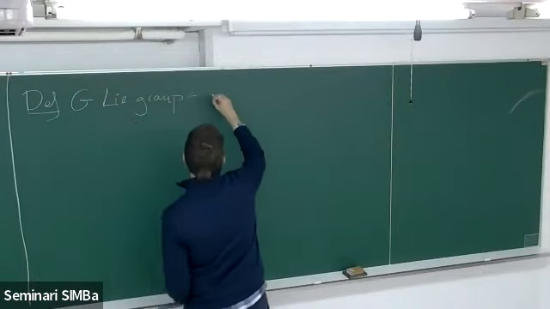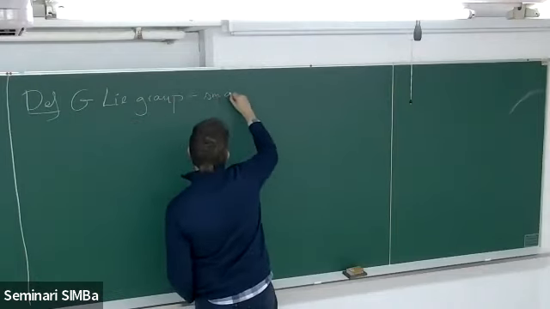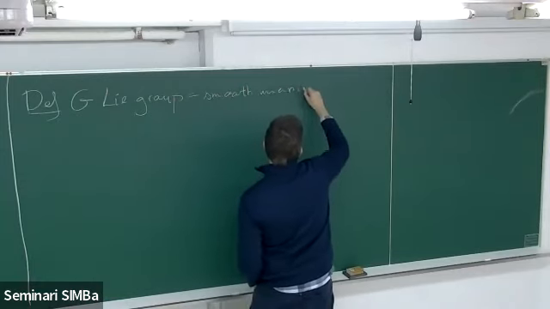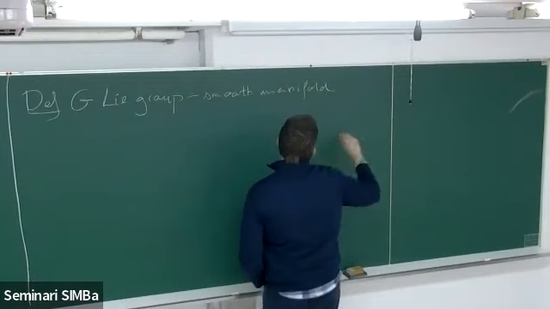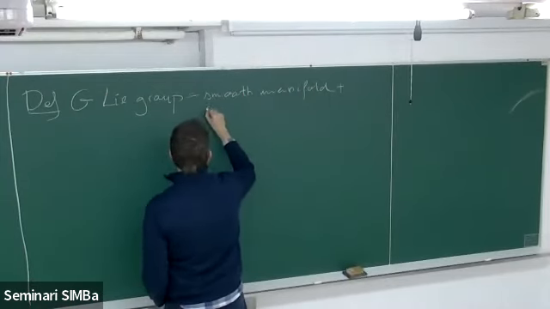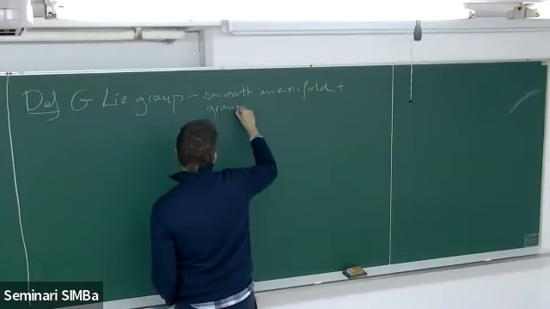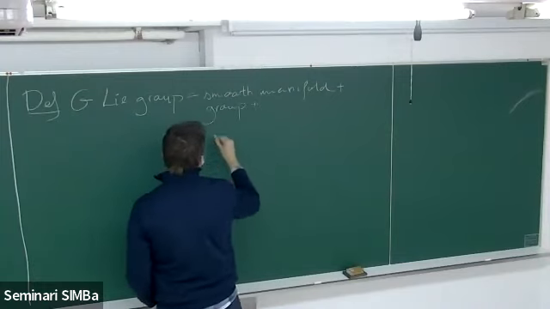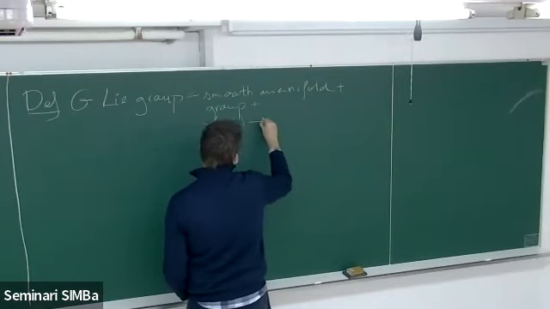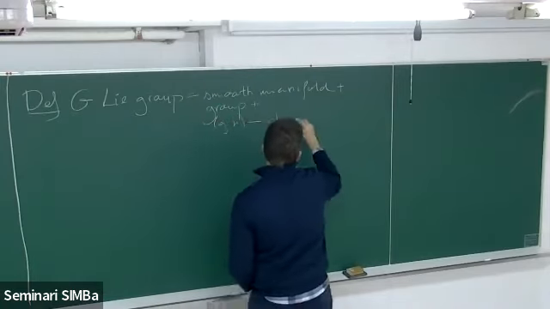It is a smooth manifold, a group, and also the operations of the group, so the multiplication and the inverse, are smooth.